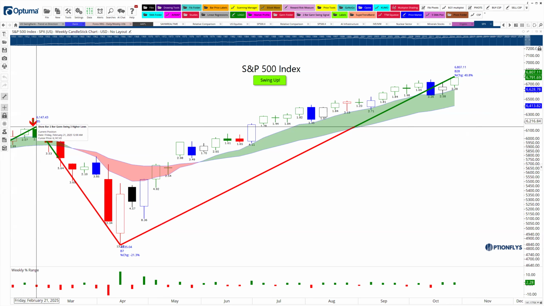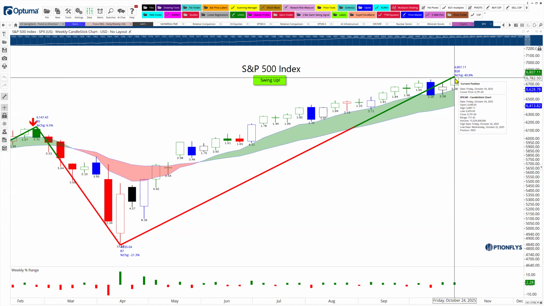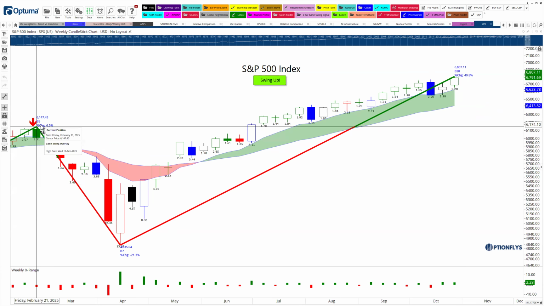When this triggers, we have a pretty good chance that next week is going to be a fun week. Until then, I was waiting for the close yesterday, but it didn't appear. So, okay, well, it's not there. So we just wait.